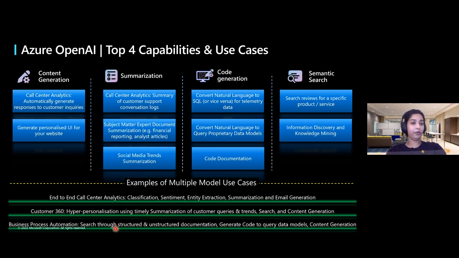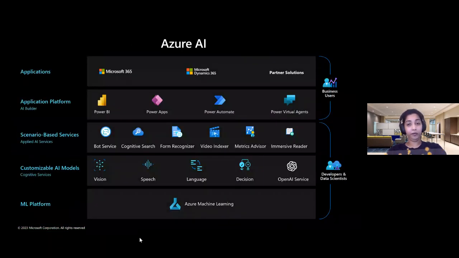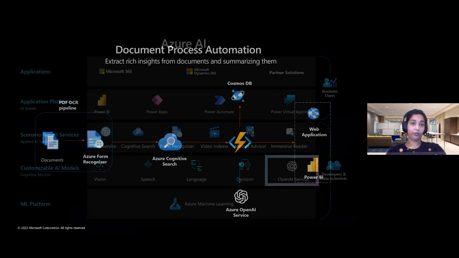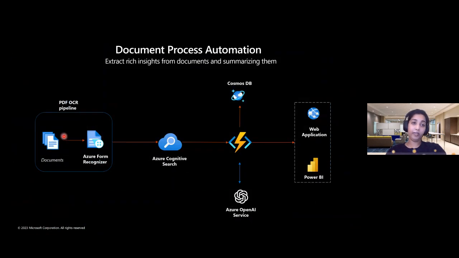And then business process automation, right? So when we think about business process automation, there are many different kinds of automation that we can look at. But the one which is very popular with many of our customers is document process automation. So think about PDF documents, right?